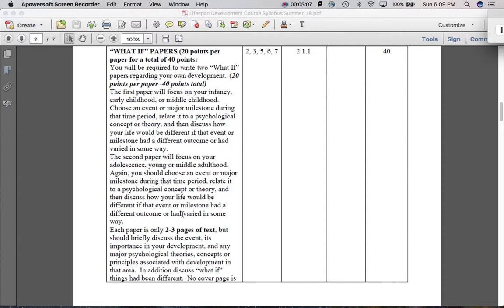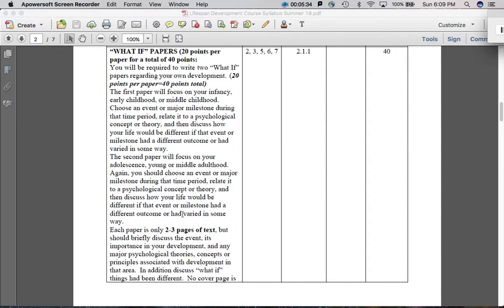The first one's going to look at your infancy, be that early childhood, infancy, middle childhood, whatever specific time frame you want to evaluate. I want you to select a specific event or a specific major milestone during that time period related to a psychological theory or concept that we've been covering up to that point, and then discuss how your life would be different if that event or milestone had a different outcome or had varied in some way.